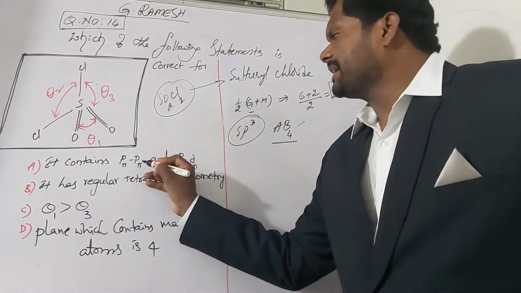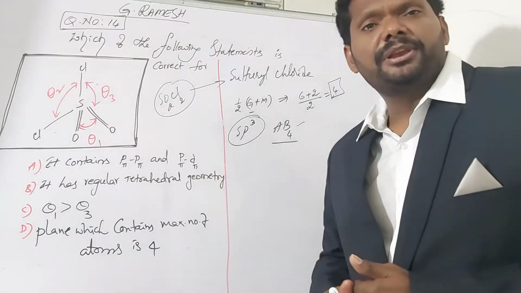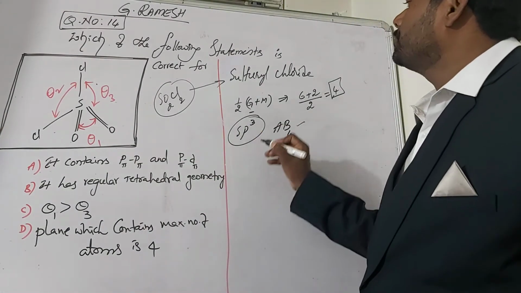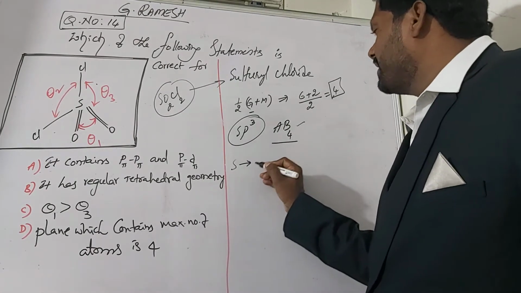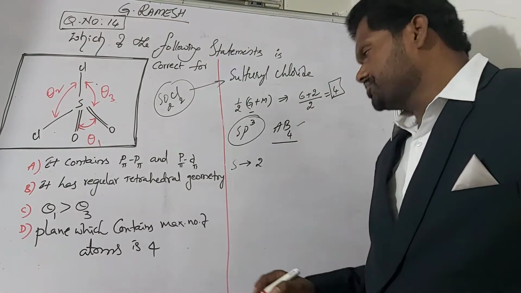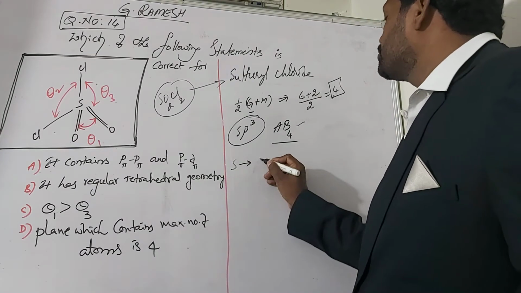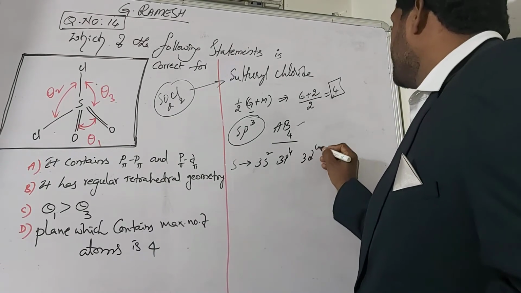What about this? It contains p pi and p pi d pi bonds. It seems a little new, but it is quite easy. I told you the hybridization of sulfur is sp3. Sulfur belongs to the 6th group, so it can have 3s2 and 3p4, in fact 3d0.